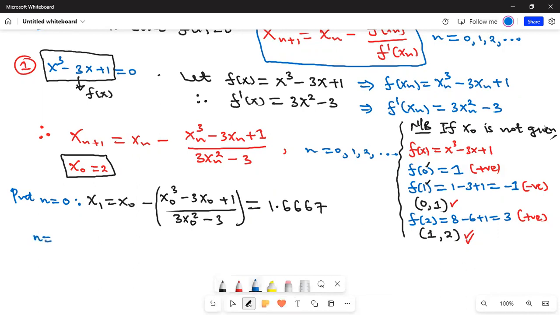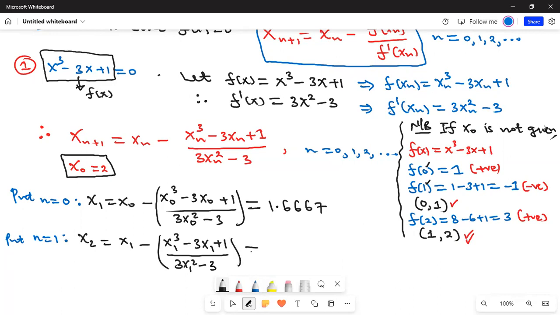When n is equals to 1, what are we going to get? It will give us x2 is equals to x1 minus x1 cubed minus 3x1 plus 1 over 3x1 squared minus 3.